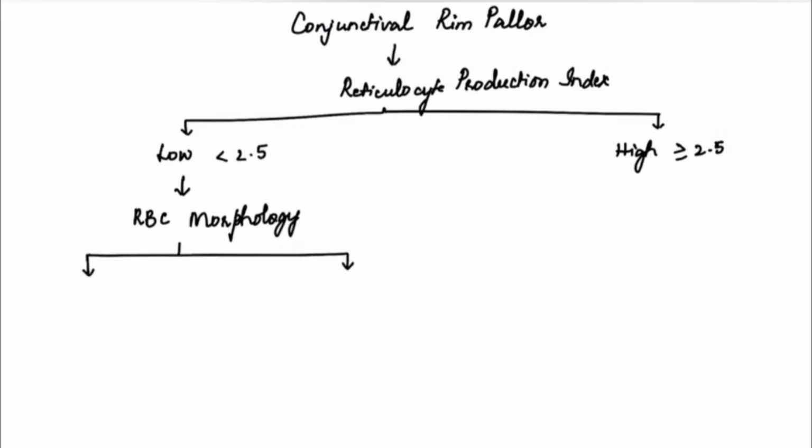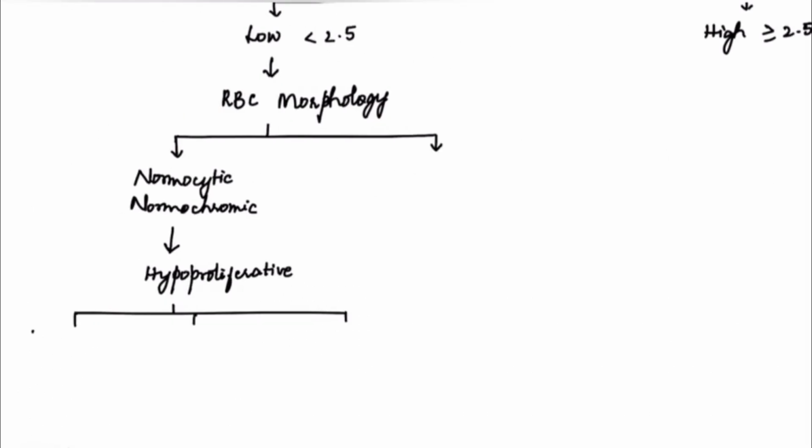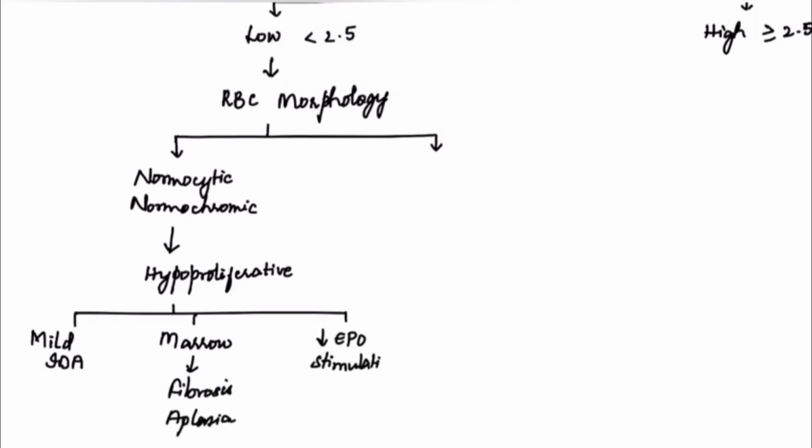Now if the RBC morphology is normal, that is normocytic and normochromic, but still there is anemia, that means it is hypoproliferative cause. So again, three things should come into your mind and they indicate mild iron deficiency anemia or marrow defects like fibrosis and aplasia or decreased erythropoietin stimulation like in CKD, inflammation, and metabolic disorders like hypothyroidism.